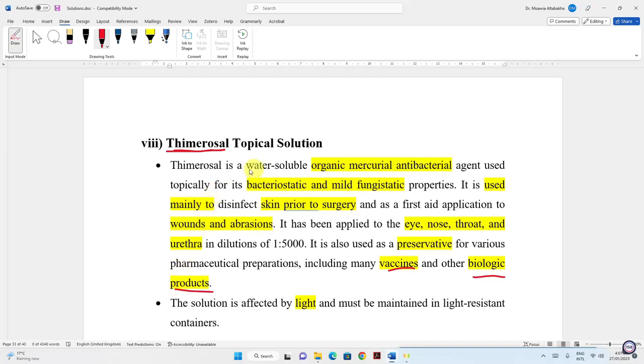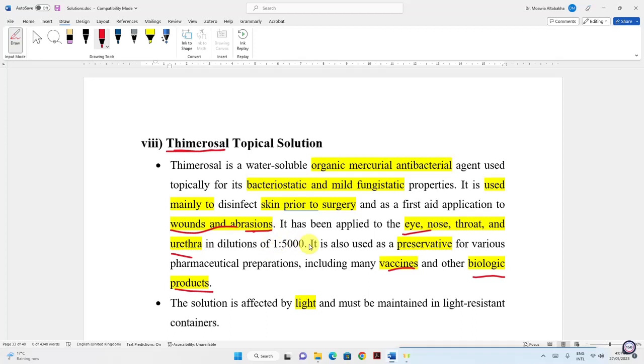Okay. So what do you use this topical solution for? You use it in addition to using this one in vaccines and biological products. You can use it to disinfect skin prior to surgery. You can apply it to wounds and abrasions. You can apply it to eye, nose, throat, meaning mucous membranes, after you dilute it, so that thimerosal is in a concentration of 1 to 5,000.